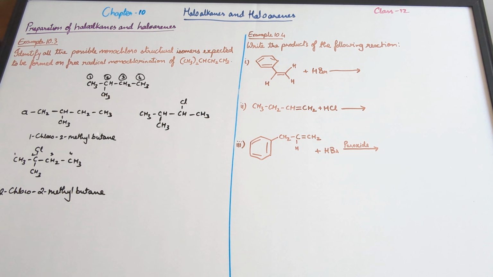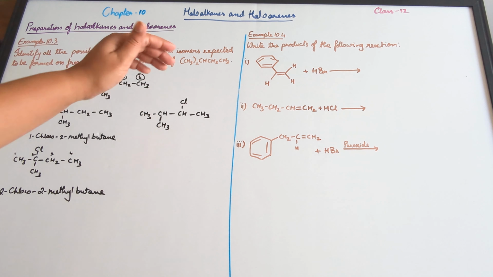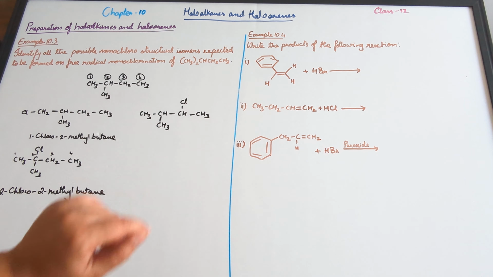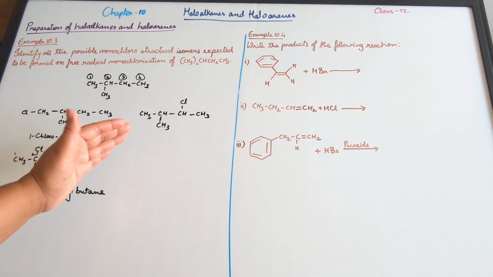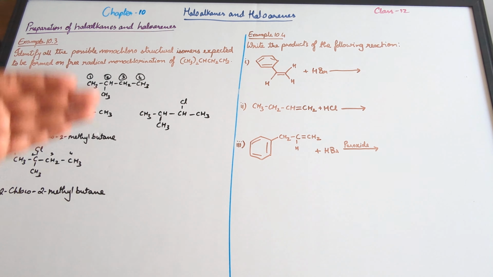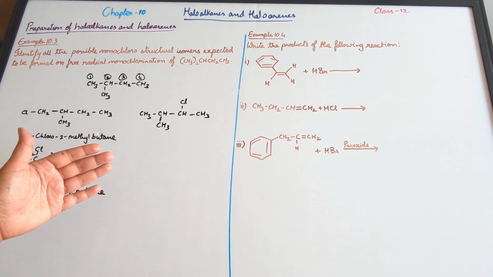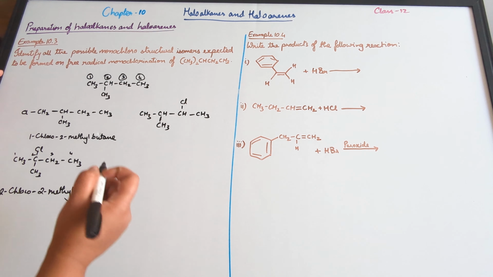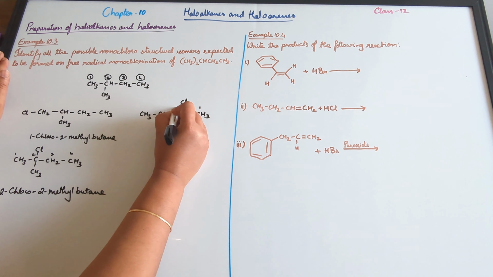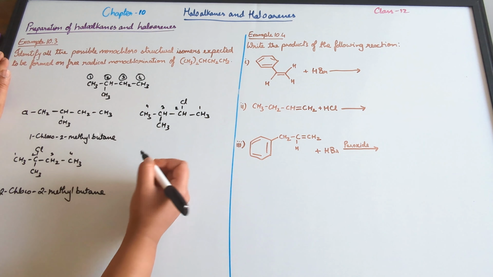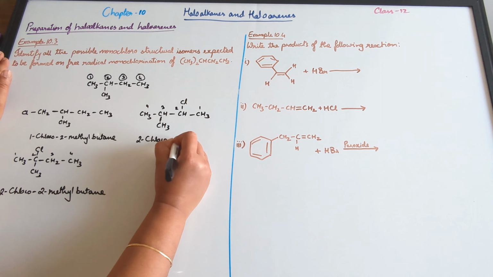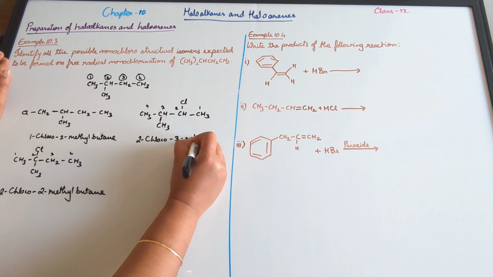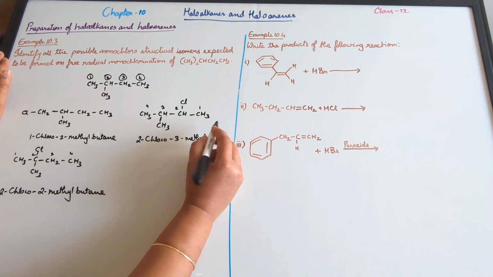Now, in this case, we might have to change the numbering, because when we have a chlorine and a methyl attached to the main chain, the priority goes to the chlorine atom rather than the methyl group. So the numbering becomes 1, 2, 3, and 4. So 2-chloro-3-methylbutane.